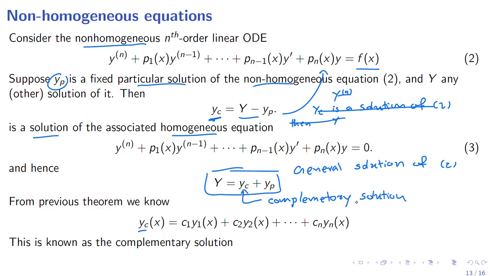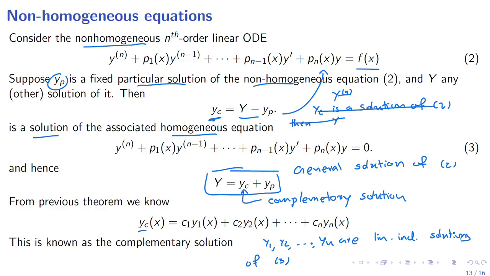Yp is the particular solution. And yc, the complementary solution, we can write down as a linear combination of n linearly independent solutions of the homogeneous equations, where y1, y2, up to yn are linearly independent solutions of equation 3, the homogeneous equation.